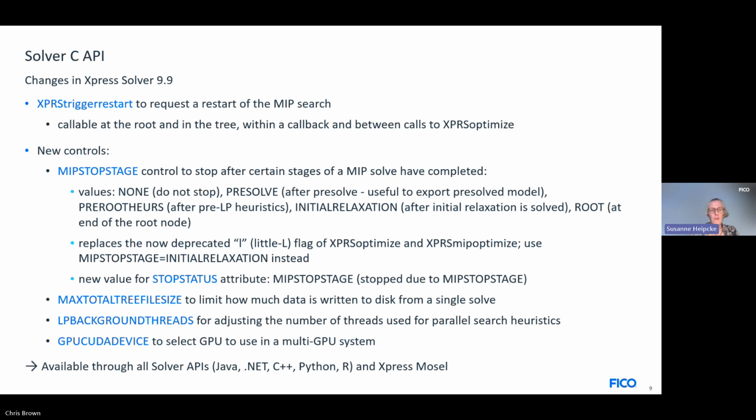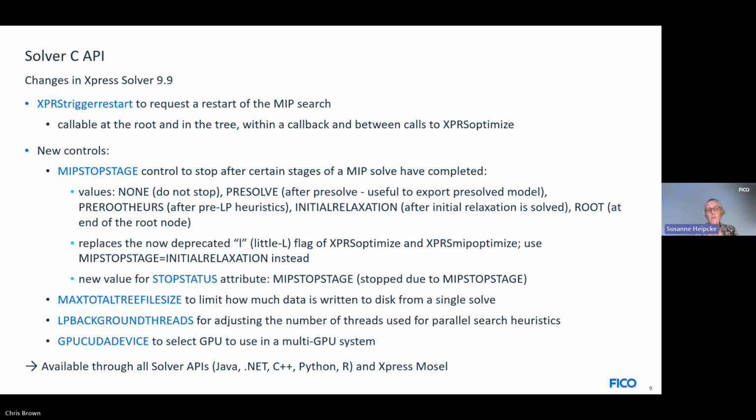And then we have a couple of new controls. Most importantly, and that's very visible also at certain interfaces, we have deprecated the little l flag for Xpress Optimize and Xpress MIP Optimize, which so far enabled you to stop a MIP search after the initial LP solving, so after the initial relaxation.